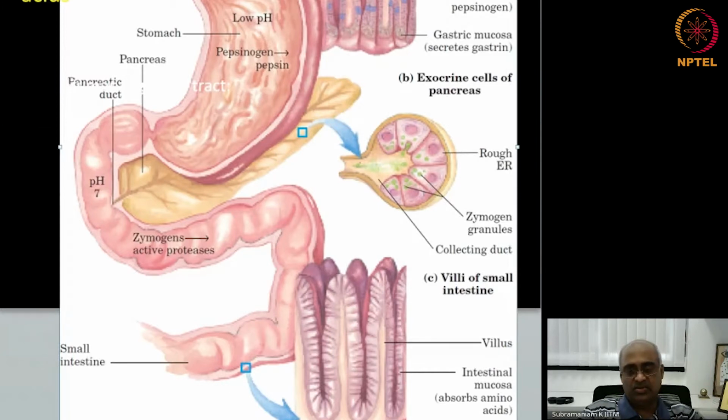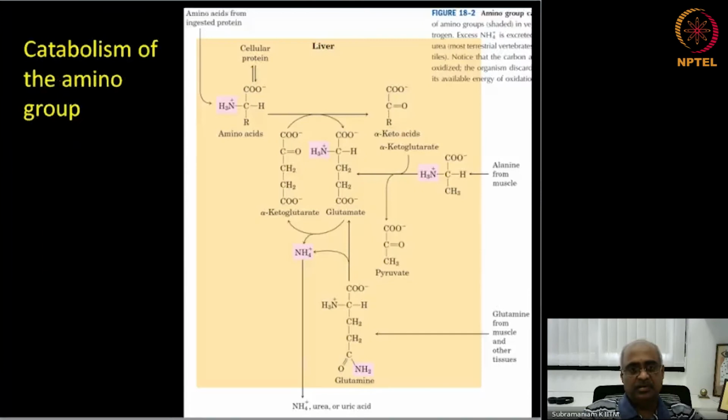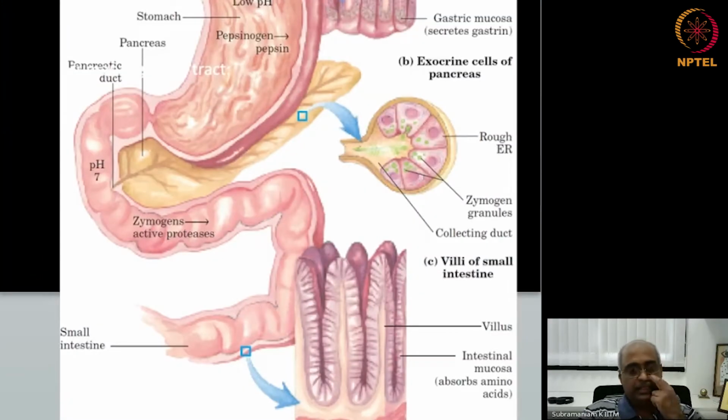So this is how the protein that you eat enters your body as amino acids into intestinal mucosal cells, and from there they are transported to the rest of the body, primarily first to liver.